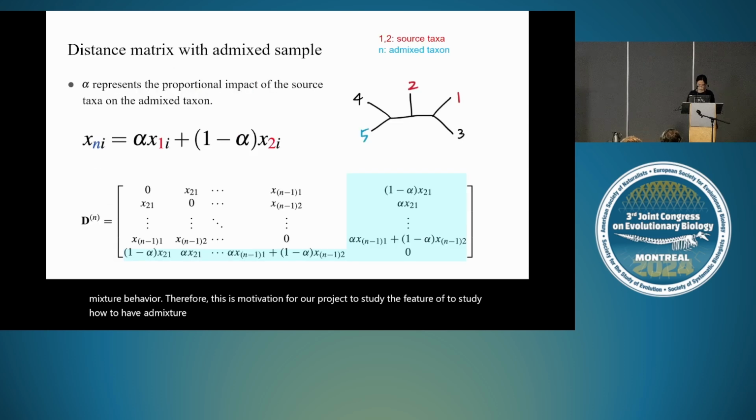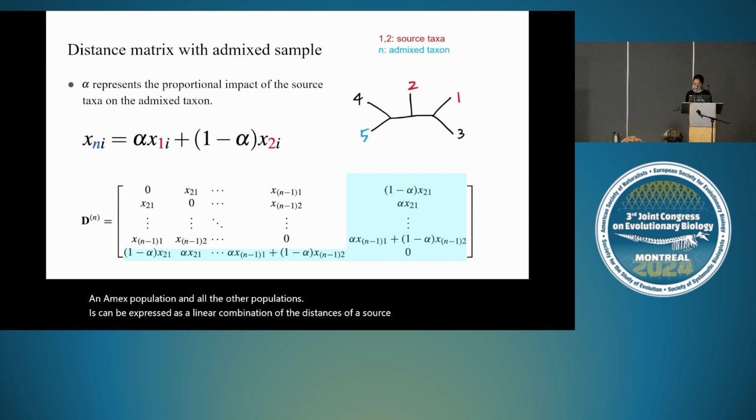the neighbor joining algorithm. In this model, we assume that the distance function is linear when we apply the function to admixed populations. So the distance between an admixed population and all the other populations can be expressed as a linear combination of the distances of its source populations.